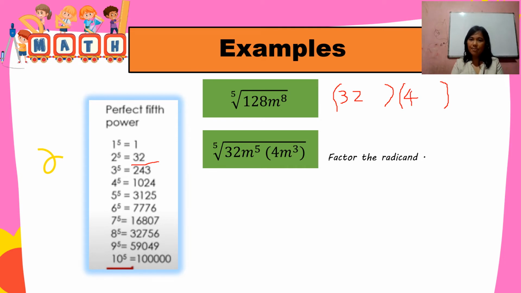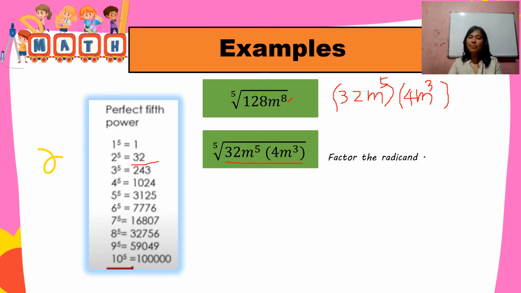Tapos, yung M, kasi nasa 5th root ka, so, isang 5 na exponent ng M. Tapos, kasi 8 siya, so kulang siya ng 3. Lagay mo yung 3 doon sa kabilang factor. Okay? So, yan. Okay? Diyan galing yung factor na yan.